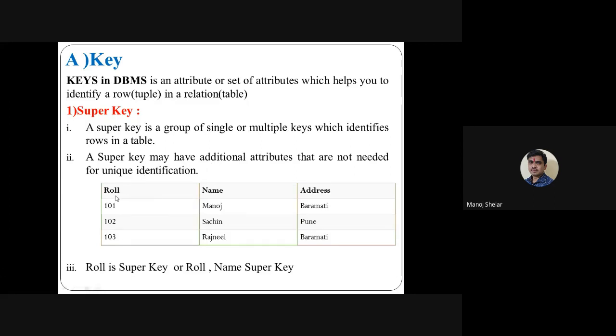Here, roll number, name, and address are attributes. Suppose roll number is a key attribute. So roll number is a super key, or roll number and name is a super key, because a key attribute is available in this set. This is the super key concept.